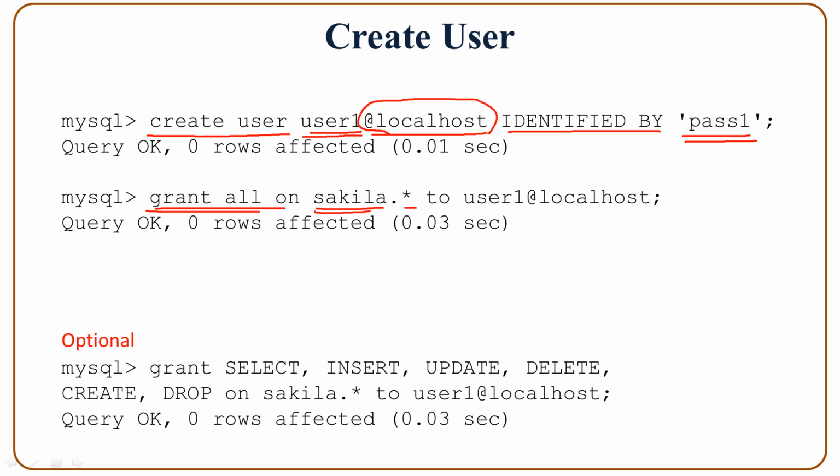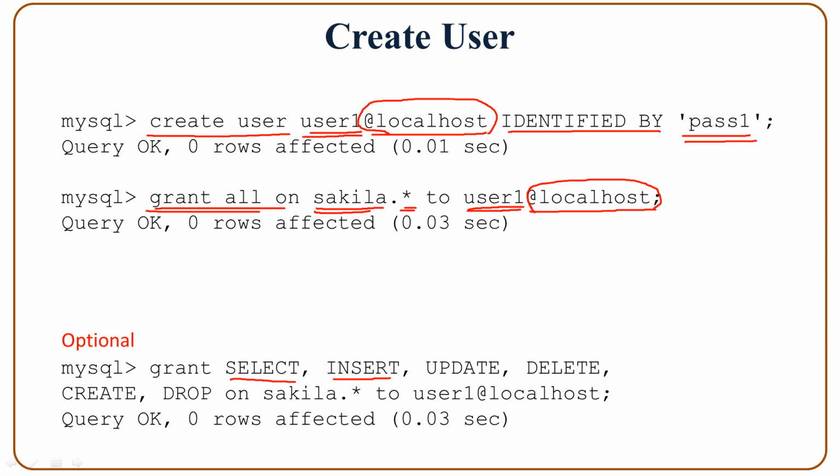So dot star means you give to the user all access to all the tables, to user1, right? So this is user1 at localhost. You can also omit this. You can also specify individually which privileges you want to give.